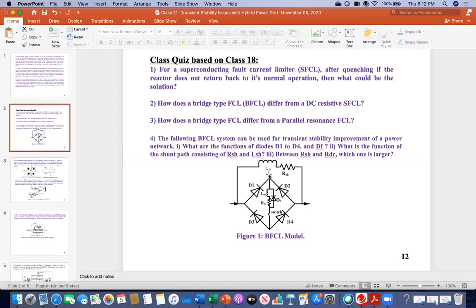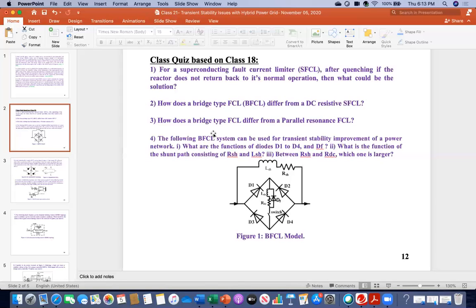Because during normal operation it is not getting heated up, there is very little leakage current in real practice, but that is no problem. So it gets cooled down automatically. That's why you don't need a refrigerator in this case. That is the difference.